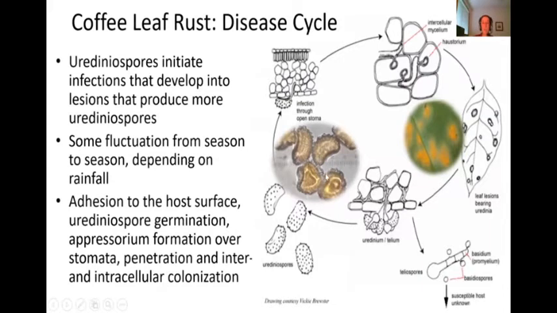If you start here, these are the urediniospores. Essentially, the urediniospores travel, they land on a leaf, usually the underside. They need a certain amount of moisture to germinate. Once approximately 24 to 48 hours of standing moisture on the leaf is present, the rust can germinate in about 5 hours. The germ tube travels along the surface of the leaf.